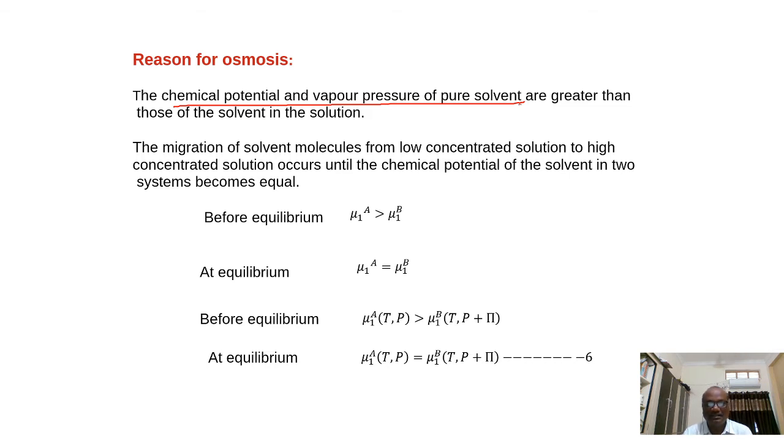Is it clear? Solvent molecules are moving from high chemical potential region to low chemical potential region until the chemical potentials of these two, that is the low concentrated and high concentrated solutions, become constant or the same. Till then, what happened? The migration of solvent molecules will take place.